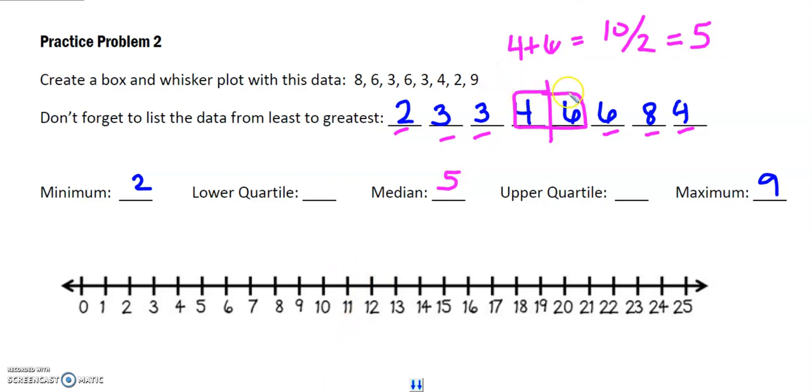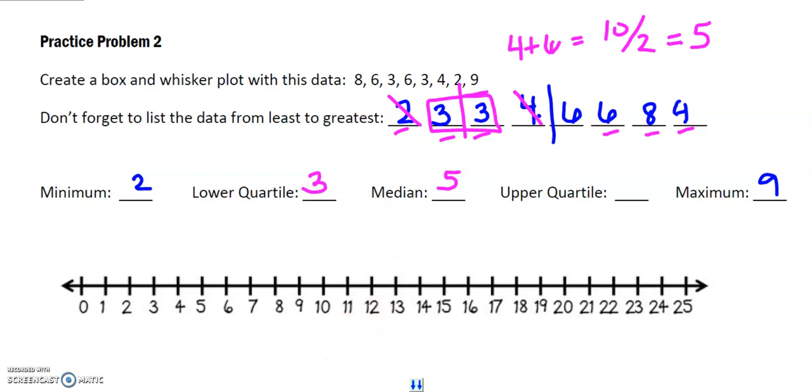Okay, so notice before I said, I'm going to erase this. I said that you needed to draw a line if there were 2 in between, and we need to do that because when we go to find the lower quartile range, we need to use all 4 of these numbers. So I'm going to cross off to get to the middle, and now I'm left with 3 and 3. Well, that tells me that the lower quartile is 3.